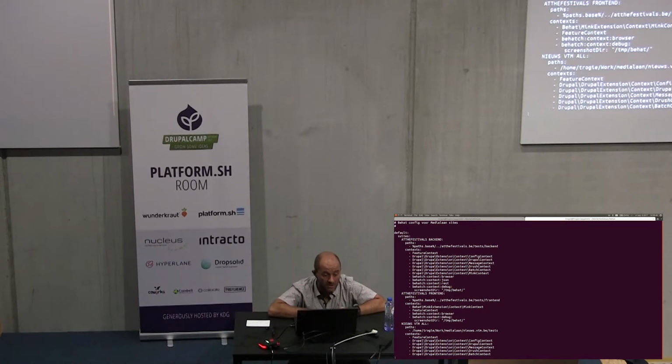This one loads the Drupal config context. So the Drupal extension knows how to import your configuration, even how to set other configuration parameters. The Drupal context itself is to log in, for example, as a user, to test success messages, to test error messages. You can run different drush commands, also run batch processes.